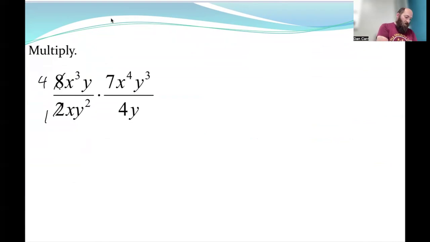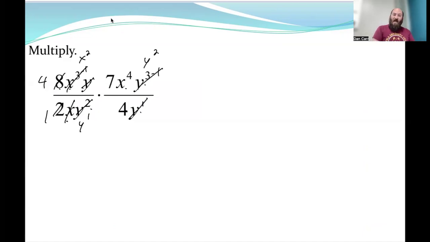If I look at x cubed over x here, I could divide that out, so it subtracts 1, making this an x squared now. I've got y and y squared, so I can divide that out. So this turns into y to the first down underneath. When I look at the next one, 7 and 4 do not simplify. So I got x to the fourth, and I got y to the third over y to the first. So I'll do minus 1 here, get rid of that. So I have y squared.